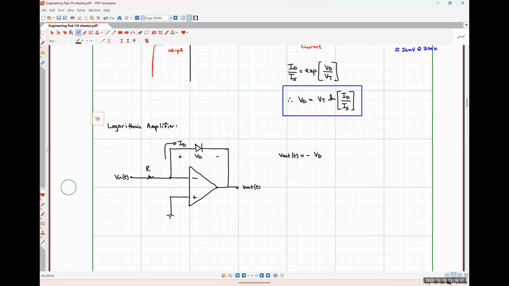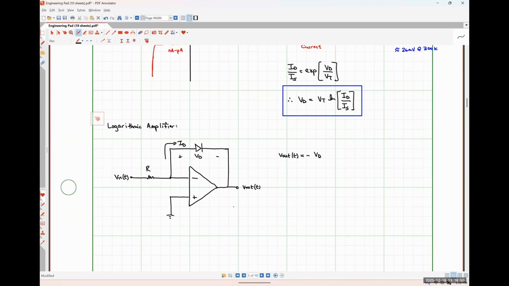I'm saying that because the positive polarity terminal of our diode voltage is at ground, and the negative polarity terminal of Vout is inherently at ground because it's a nodal voltage. The positive polarity terminal of Vout is at that Vout pin. The negative polarity terminal of VD is at that Vout pin. So Vout is equal to negative VD here, just like Vout was equal to negative VC in our integrating amplifier. Okay.